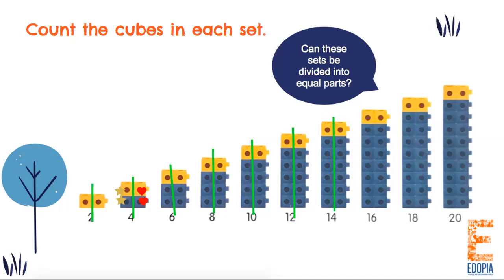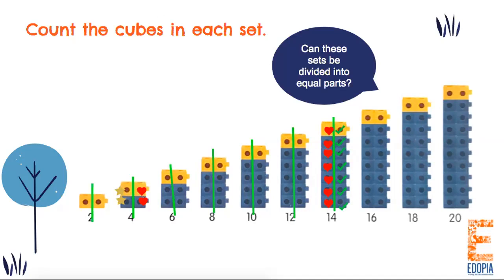Let's count them instead. Over here, let's put hearts on this side. 1, 2, 3, 4, 5, 6, 7. And ticks on this side. 1, 2, 3, 4, 5, 6, 7. So there are 7 hearts and 7 ticks.